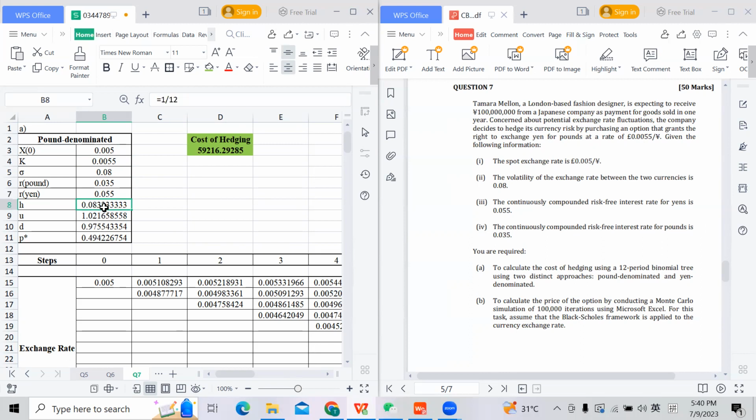For calculating the binomial tree, we also need to find H, U, D, and P star.